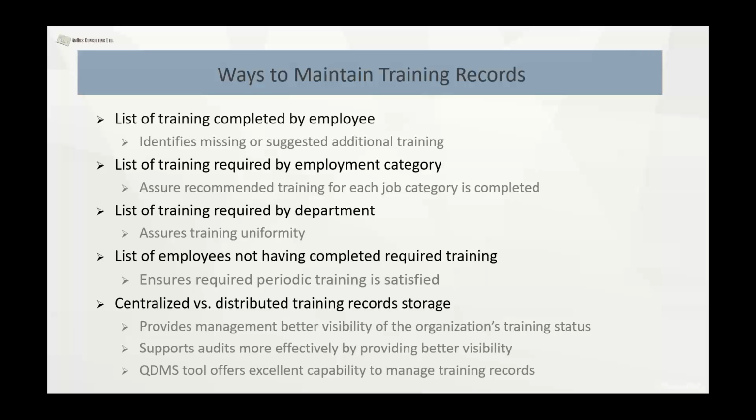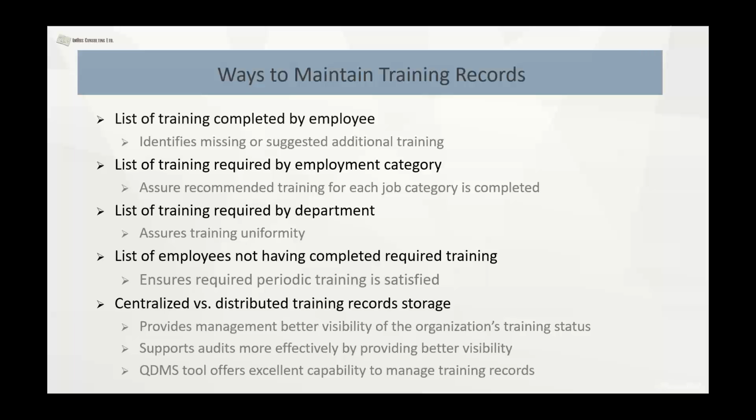Okay, so that if he is late, that information is immediately provided to the supervisor, so that the employee can be reminded to take the required training within a few days.